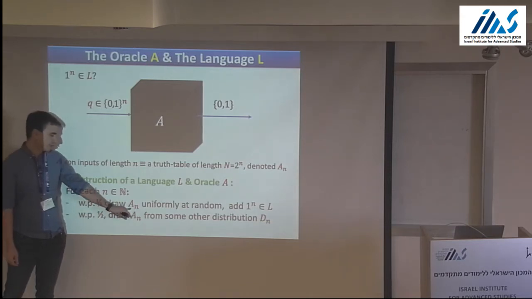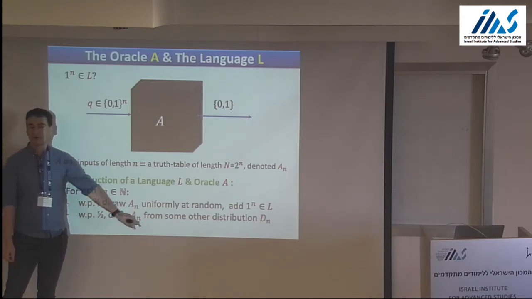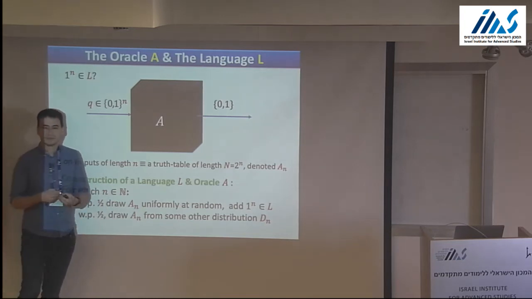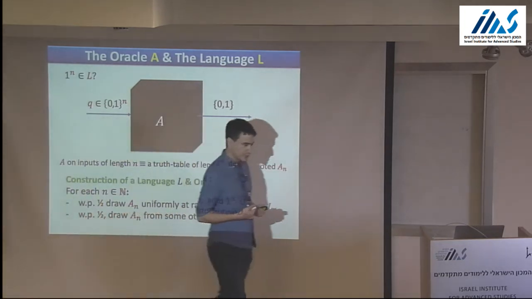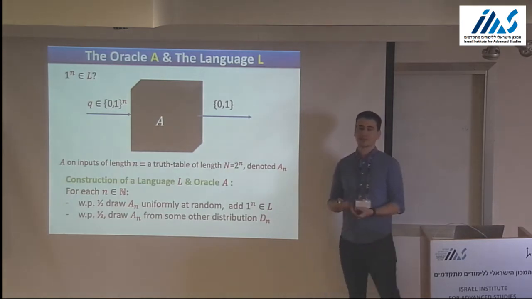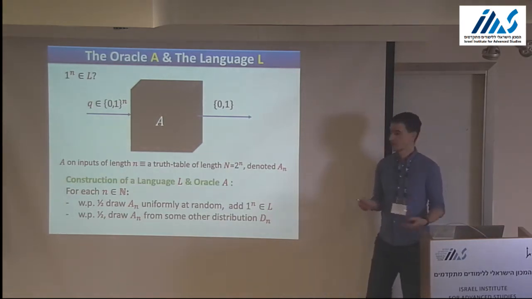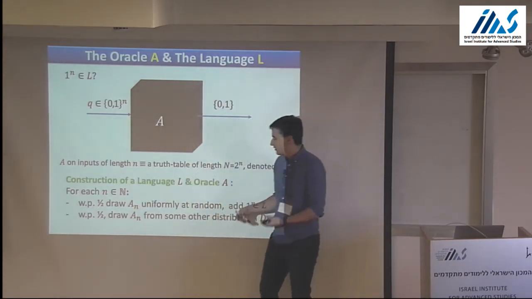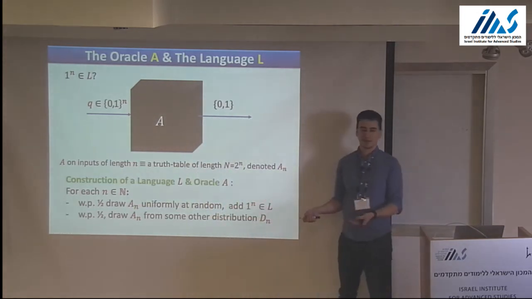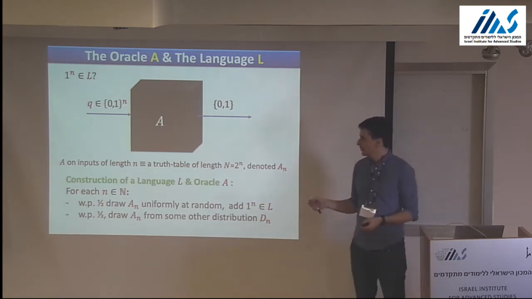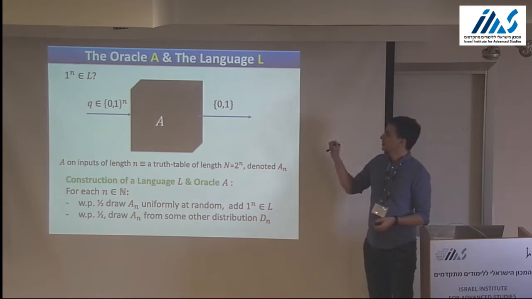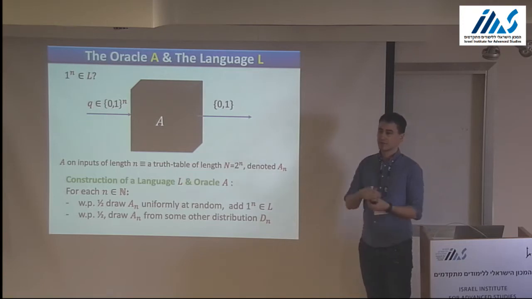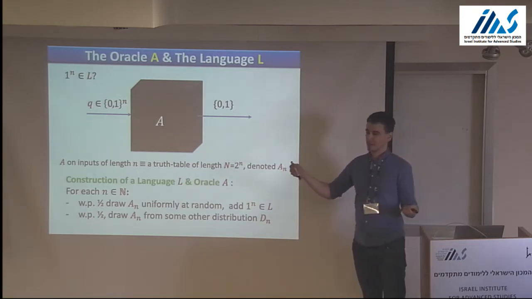It cannot really tell whether the oracle was sampled according to the uniform distribution or the distribution D. Therefore, whatever choice it makes to accept or reject, it would succeed with roughly probability 1/2, because it needs to guess this coin, and it's hard to guess the coin based on the information that the PH machine got. So for each input length, the PH machine would make a mistake with probability close to 1/2. Therefore, it will make a mistake eventually on one input length.